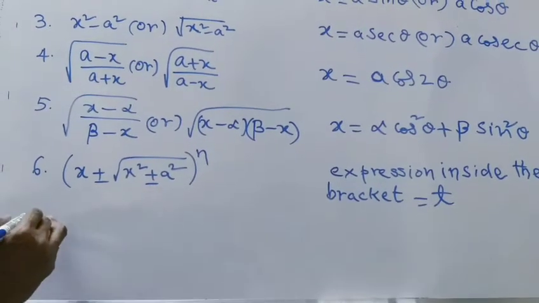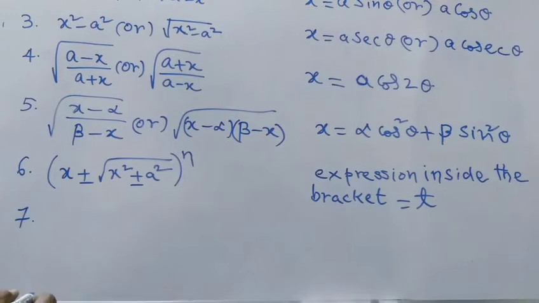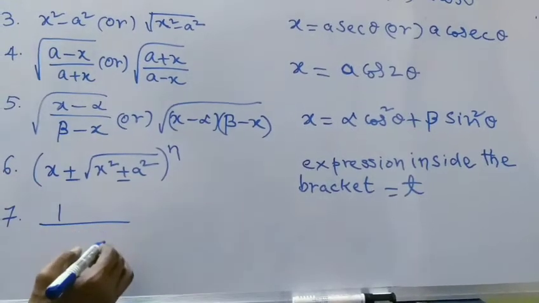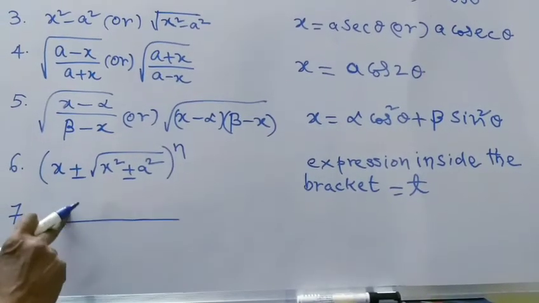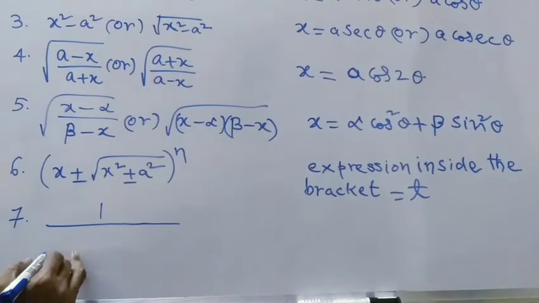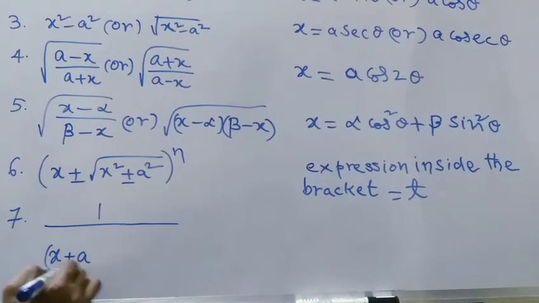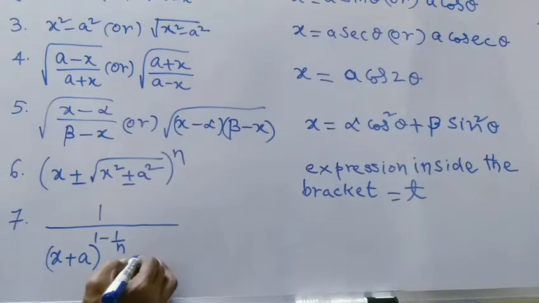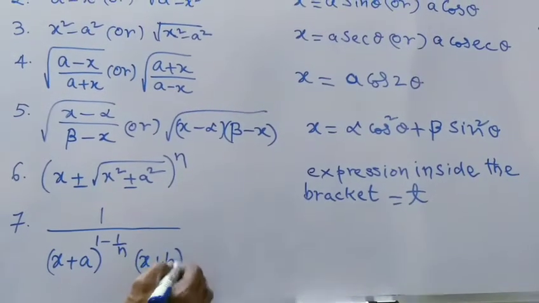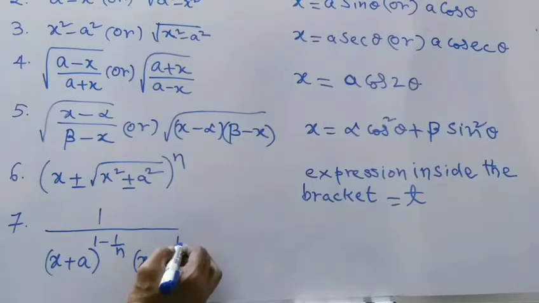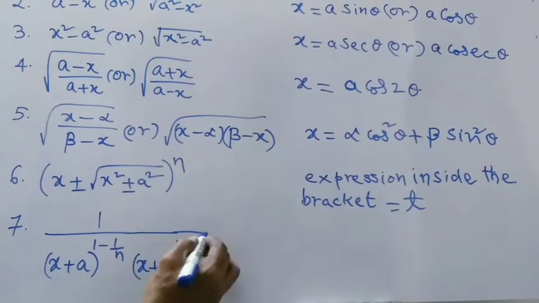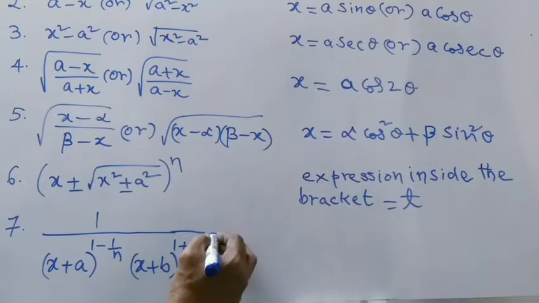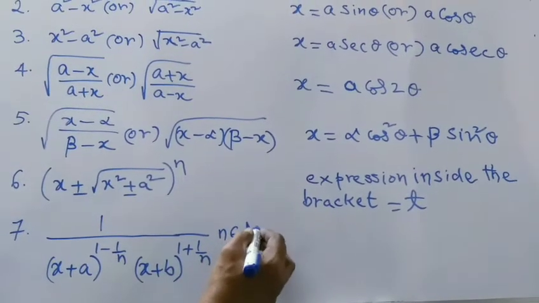And next, seventh one, the last one, the expression 1 by x plus a whole to the power of 1 minus 1 by n into x plus b whole to the power of 1 plus 1 by n, where small n belongs to capital N, the set of natural numbers.